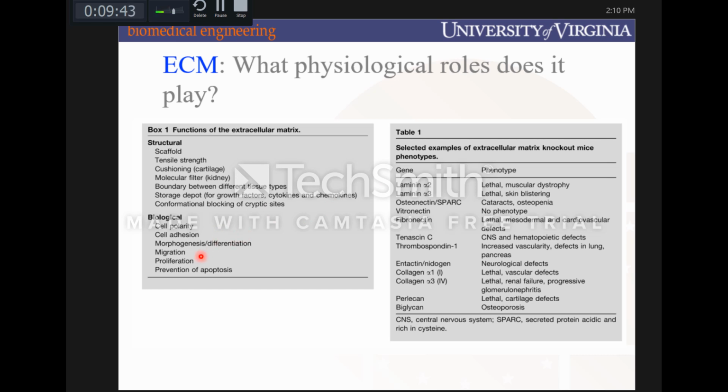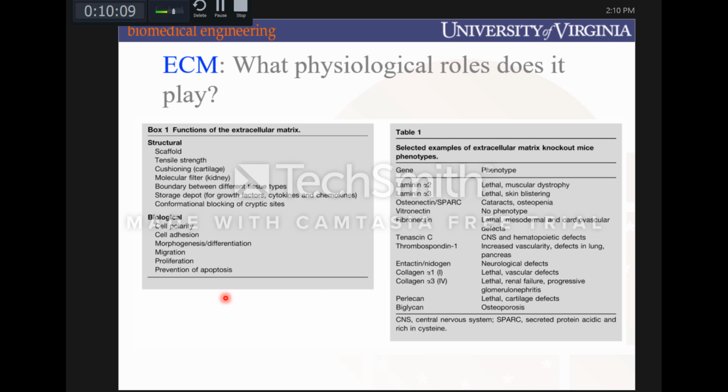So cell migration: cells use ECM to sort of know where to go. They actually can transform the ECM that they live on into sort of highways, and then a leader cell will bend the ECM into like a straight line, and then all the cells following it will have a much easier time. Proliferation: depending on where the cell is, sometimes it's useful in wound healing for the cell to proliferate, and then it's also sometimes very important for it to stop proliferating.